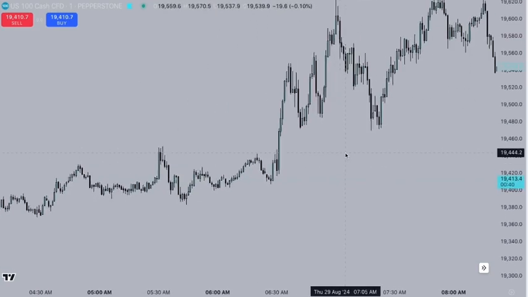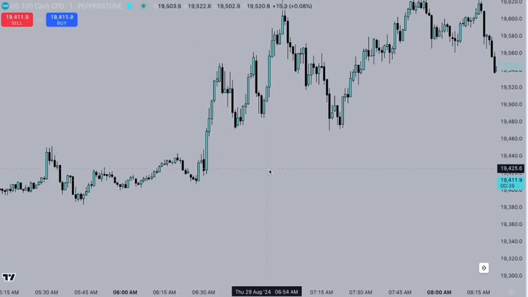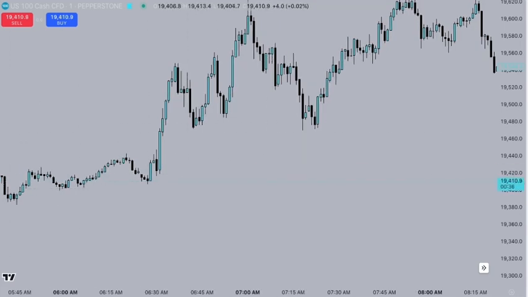So basically, let's mark some of these out. So we have this fair value gap right down here.